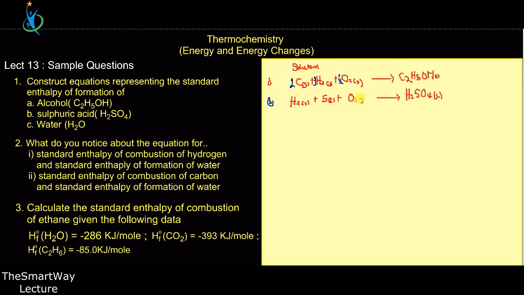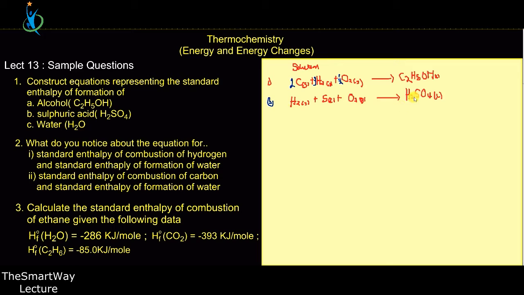So write the state. Have you gotten that? There are 3 constituent elements that form sulfuric acid, and their states at room conditions are the same as the definite state. And you have to be able to balance it.